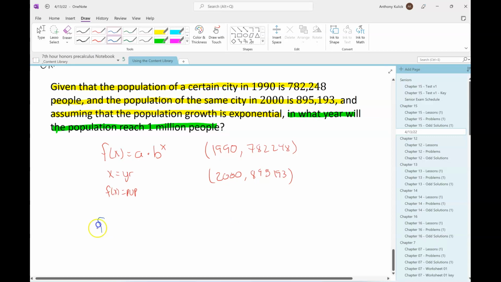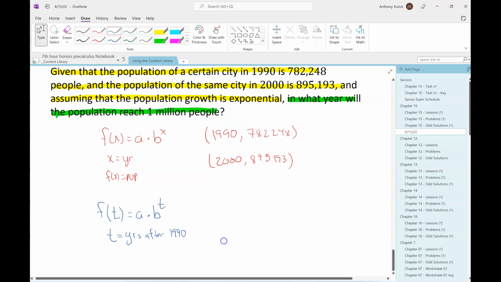So one thing I can do to make this problem easier on myself is instead of thinking about the independent variable as the year, if I think about it as the years after 1990, that would change the points into 0, 782,248, and then 10, 895,193.